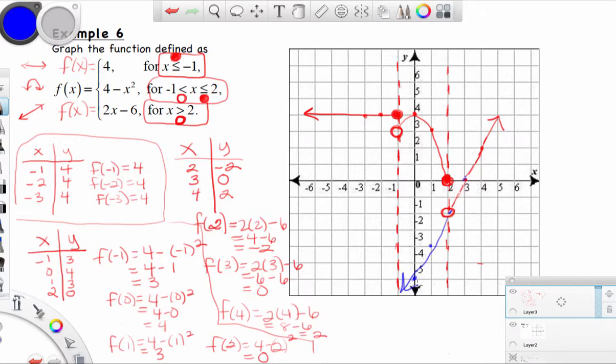And then once I drew my line into place very, very lightly, I would erase this part of the line that would be to the left of 2 here. But if you don't know how to quickly graph a line, then you can use an XY table and put in ordered pairs that are in that domain of that piece of the function.